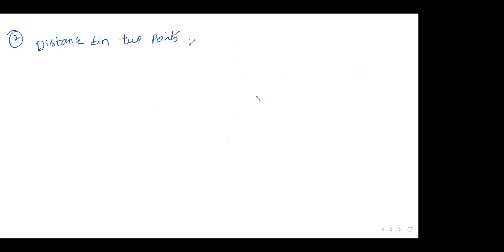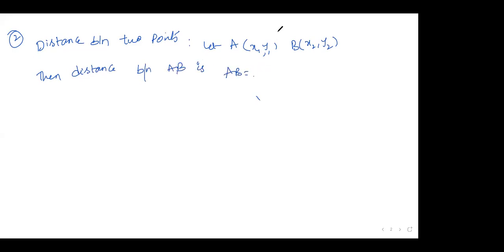Square root of (x2 minus x1) whole square plus (y2 minus y1) whole square. So the distance between A and B is AB equal to under square root of (x1 minus x2) whole square plus (y1 minus y2) whole square. This is the distance between the points.